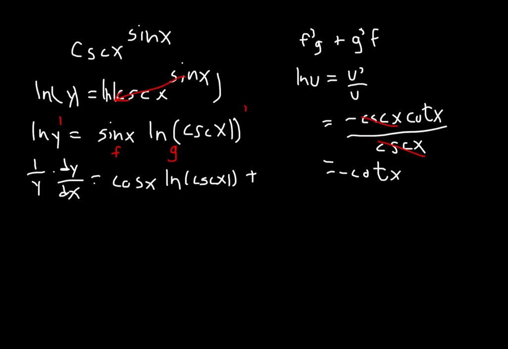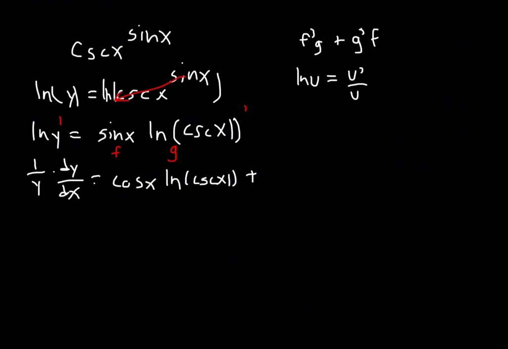So this is what we'll put here. And since it's a negative cotangent x, I'll put it like this: negative cotangent x times sine x. We'll multiply by y on both sides. So the y variable cancels here. So now we have dy/dx is equal to, and earlier we said that y is equal to this thing, so we'll replace y with cosecant x raised to sine x.